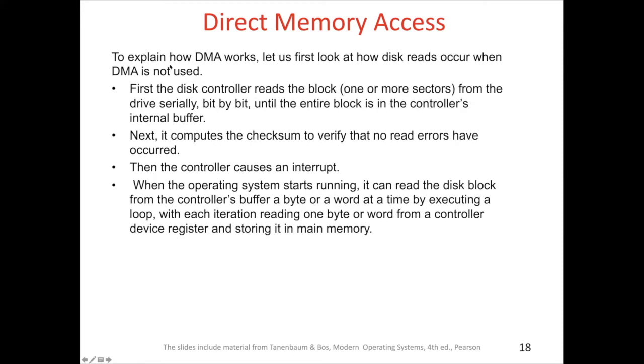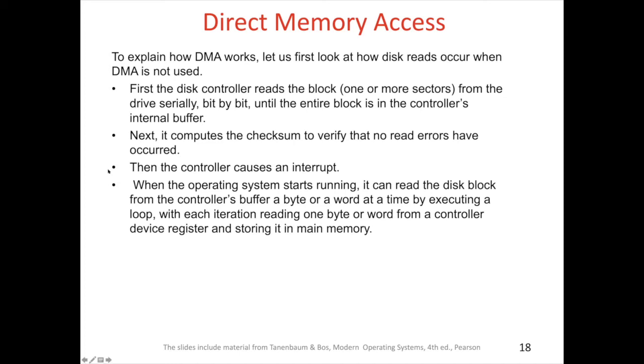To explain how DMA works, let us first look at how disk reads occur when DMA is not used. First, the disk controller reads the block, one or more sectors, from the drive serially, bit by bit, until the entire block is in the controller's internal buffer. Next, it computes the checksum to verify that no read errors have occurred.